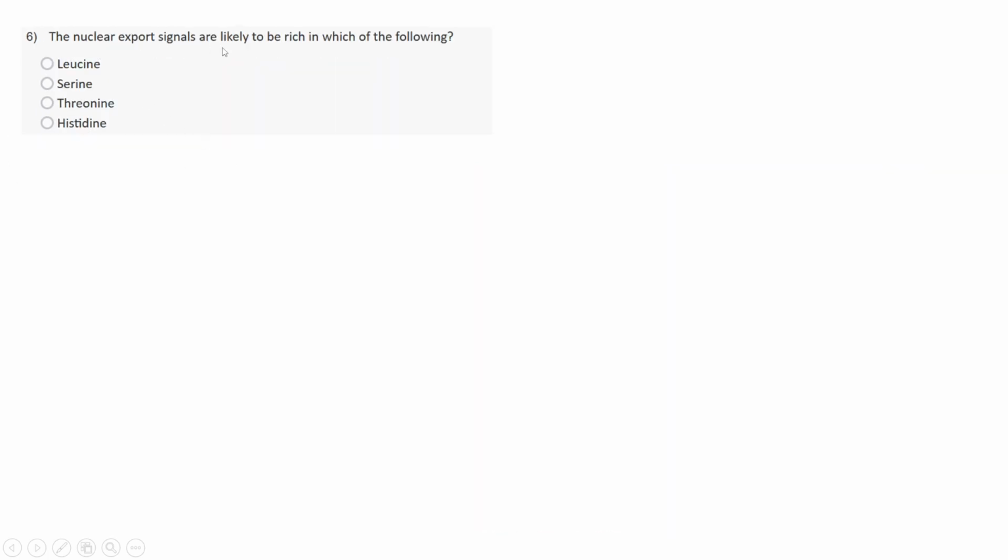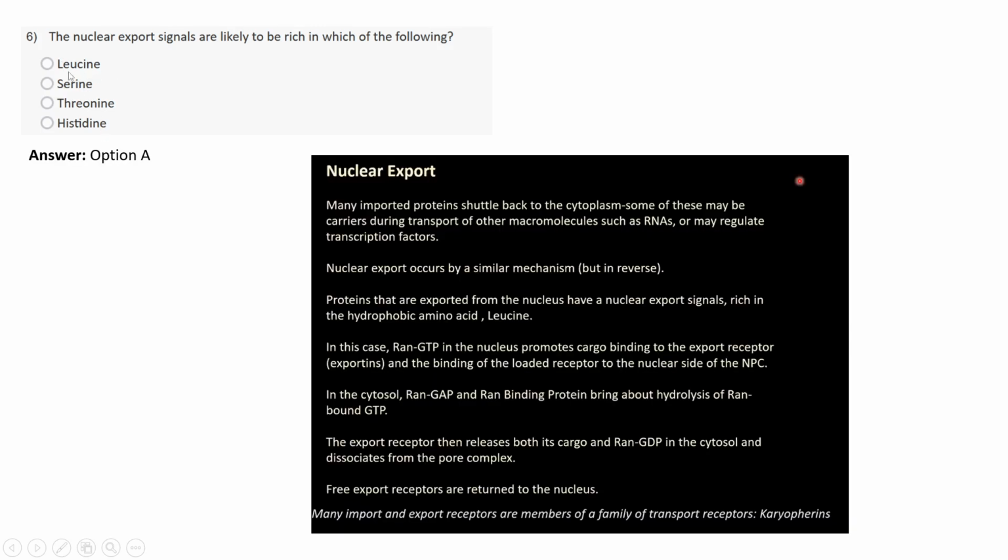The nuclear export signals are likely to be rich in which of the following? Nuclear export signals contain specific residues. If that residue is present, then that protein is destined to translocate from the nucleus to the cytosol. Leucine, serine, threonine, and histidine: the correct option is option A, leucine.